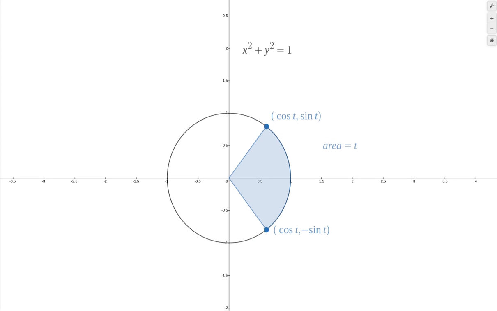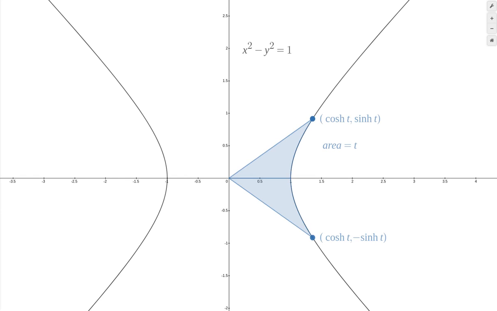And when t is negative, we consider the resulting area to be negative as well. It is this definition based on area that we're going to generalize or analogize with a hyperbola and define some new functions.